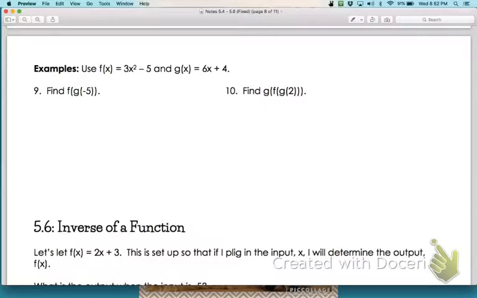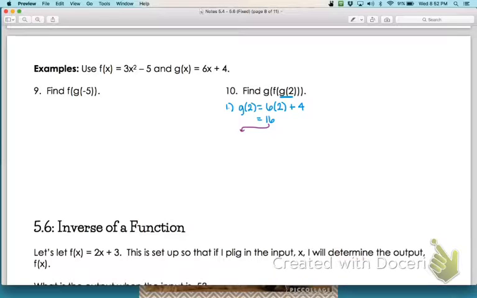And again, we always start from the inside out. So that means we're going to start with the one that is closest to the 2. So first, I want g of 2. And g is 6 times your input plus 4. So that's going to come out to 12 plus 4, which is 16.